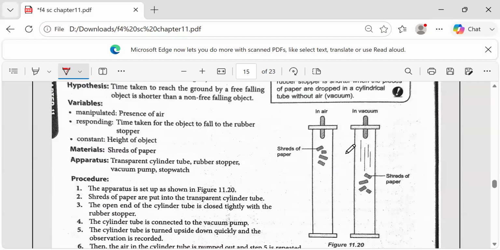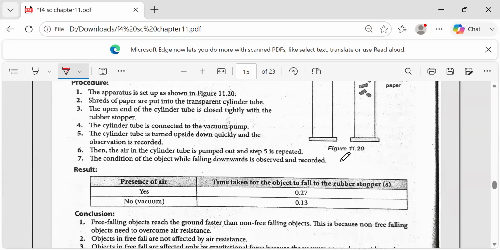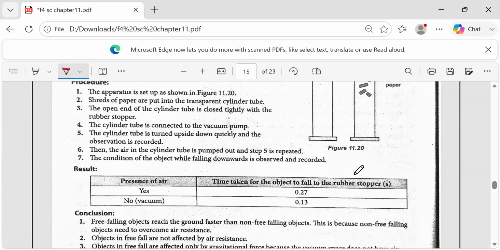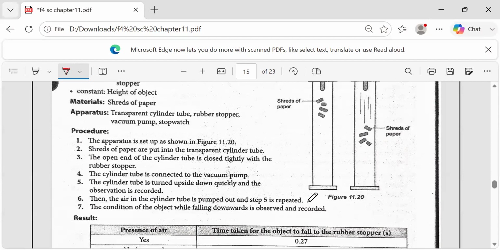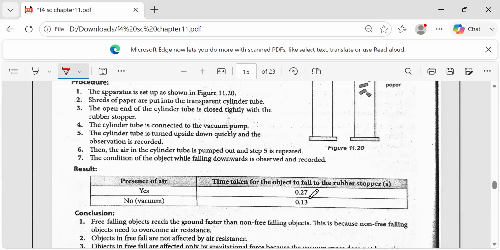Okay, so this is what we were learning just now lah. In air or in vacuum, the speed is different. The time is different. But the gravitational pull is the same. Why is it faster in vacuum? Vacuum has no air particles, right?